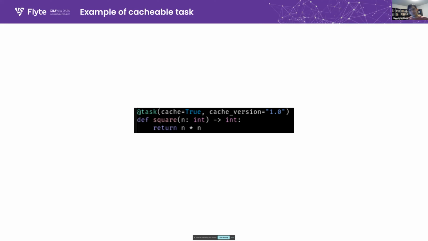This is the minimal thing that you have to do. What this essentially means is that on the back end, now we know that for every call to this square task with this single parameter that you pass, like the integer, we're going to cache the output. So we're going to cache this integer, which is the square of whatever input you pass in.